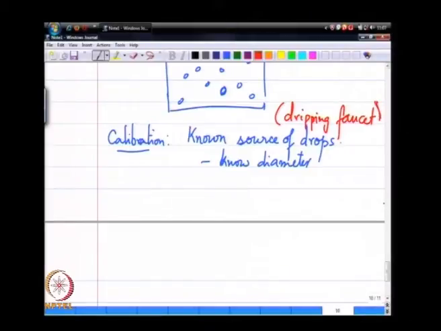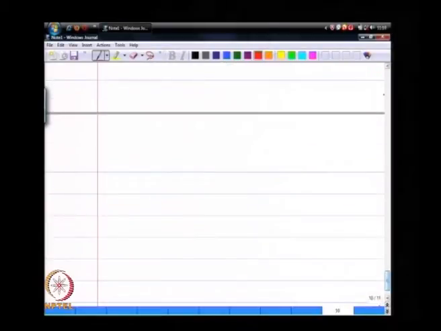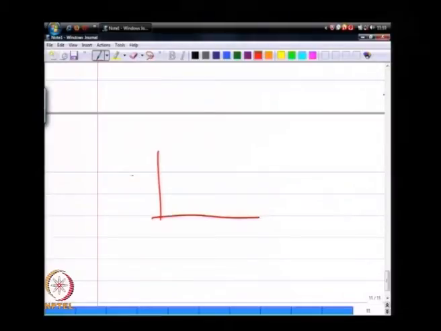You can analytically calculate the size of the drops that will result from this. Once I know the size of the drops that are impacting the plate in my calibration experiment, I can establish a correlation between the size of the indentation and the size of the drop itself. Okay, and typically this is a linear correlation.